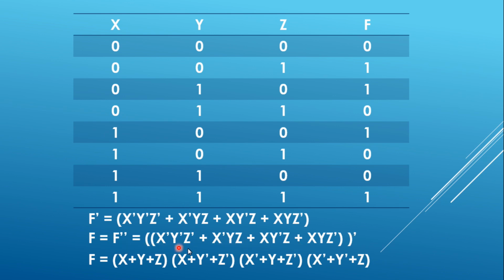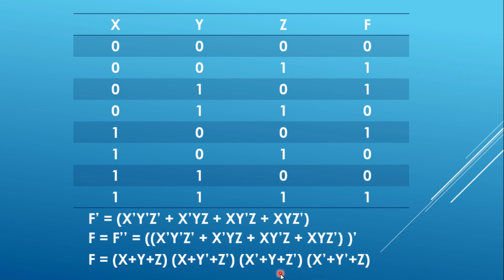So it will become f dash dash, and this entire expression whole complement. When you solve it out, you will be applying De Morgan's law, and this is the output coming out of it: (x plus y plus z) dot (x plus y bar plus z bar) dot (x bar plus y plus z bar) dot (x bar plus y bar plus z).